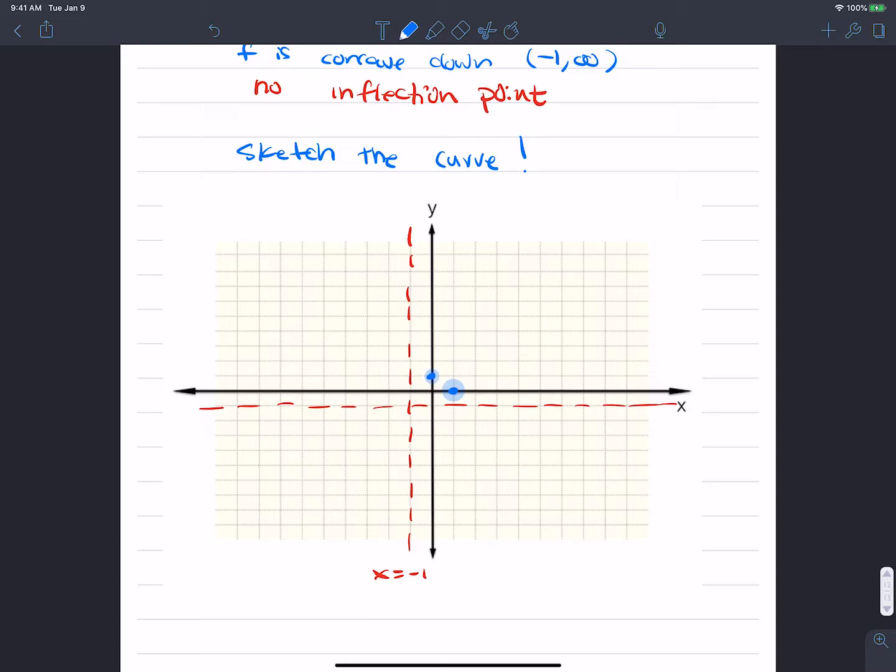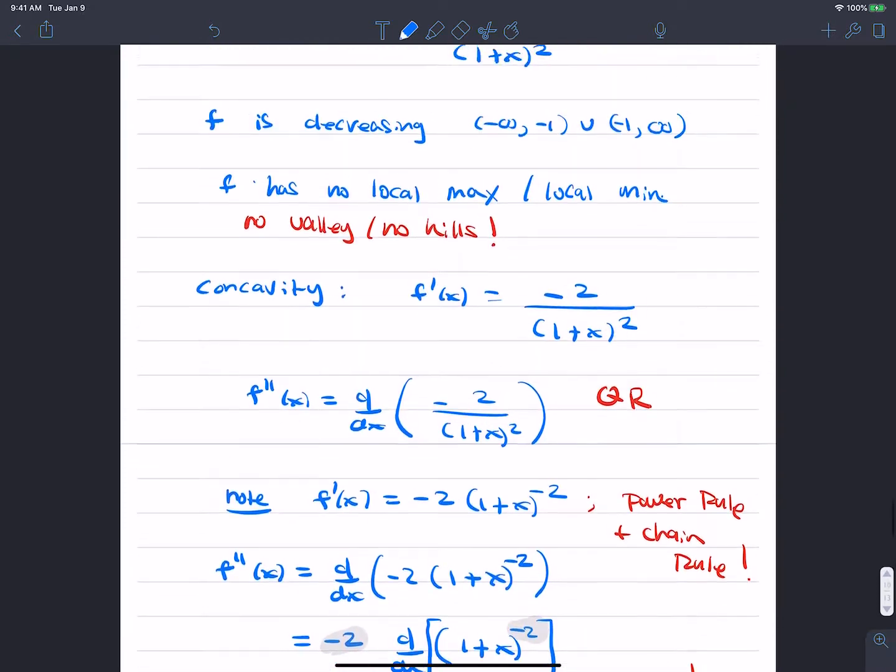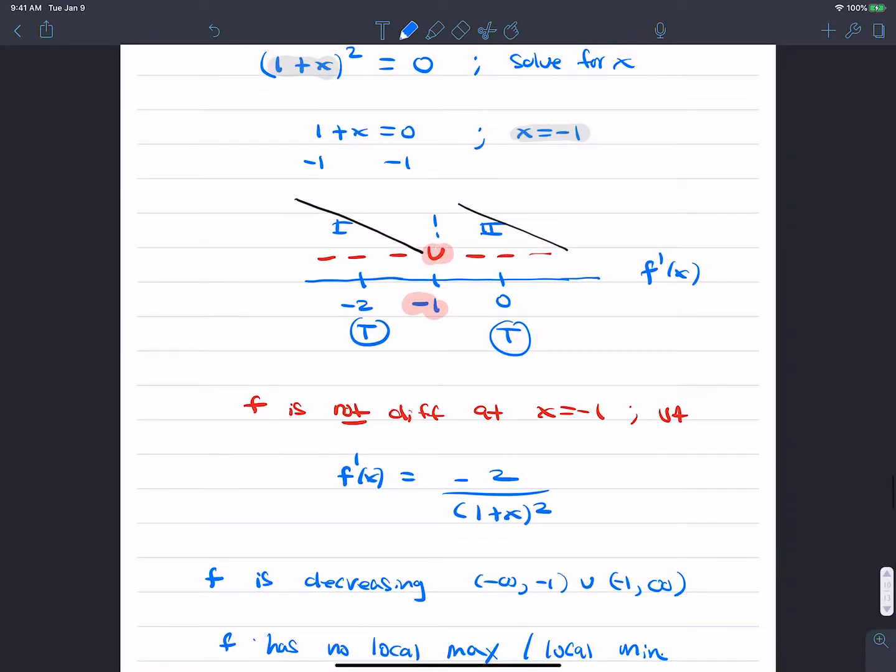Okay, now what do I know? What do we use now? Your curve, ladies and gentlemen, essentially looks like this. See that there, this portion I'm looking at? This is what this curve really looks like. You are decreasing to the left of the vertical asymptote forever.